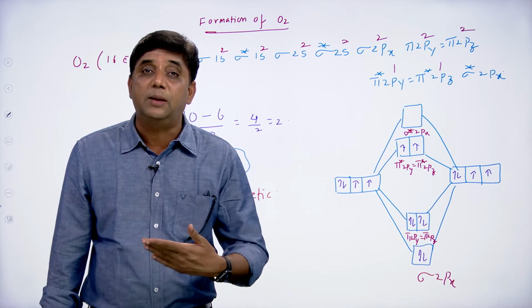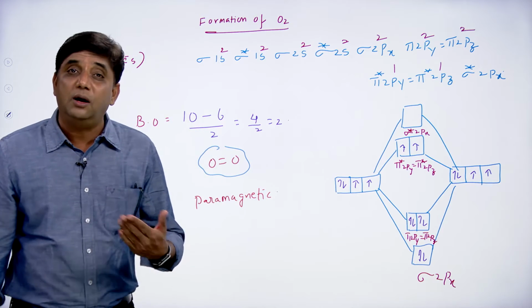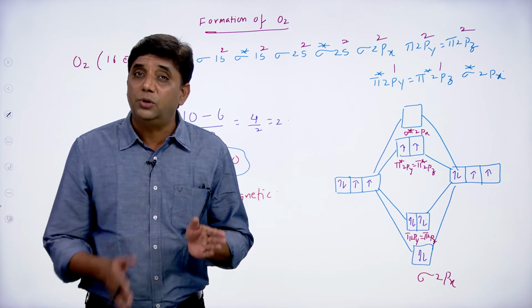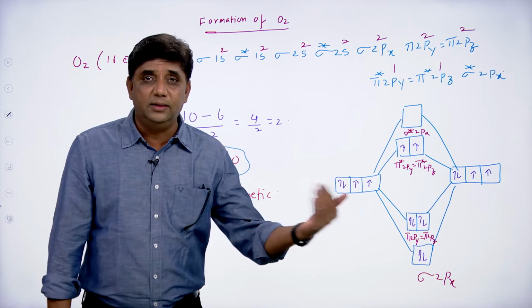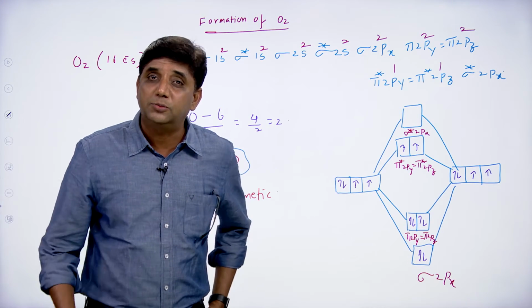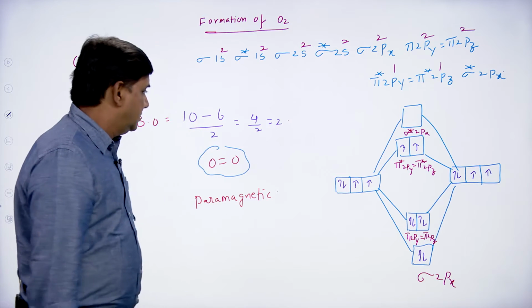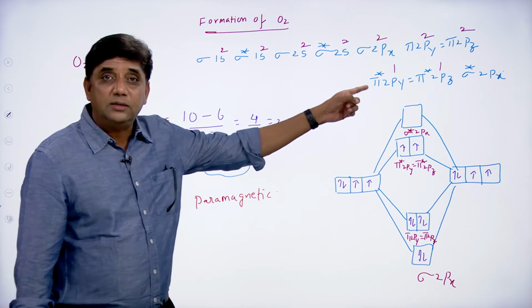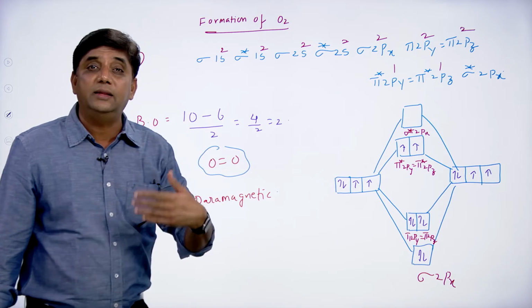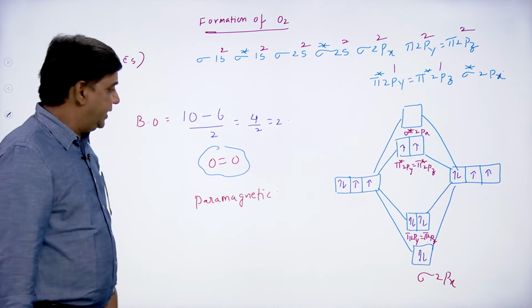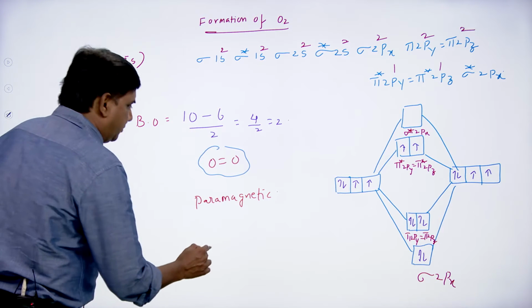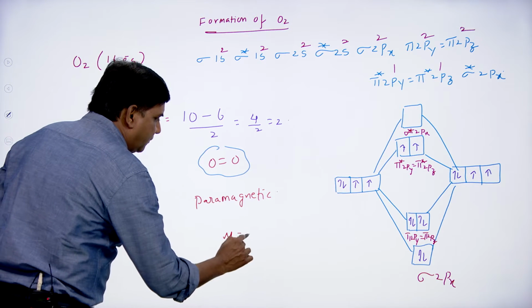Oxygen shows paramagnetic nature, which could not be explained by valence bond theory. So in order to explain it, the molecular orbital theory was put forth, in which it was proved that because of the presence of unpaired electrons in the antibonding pi orbitals, it is paramagnetic in nature, and the magnetic moment would be 2.84.